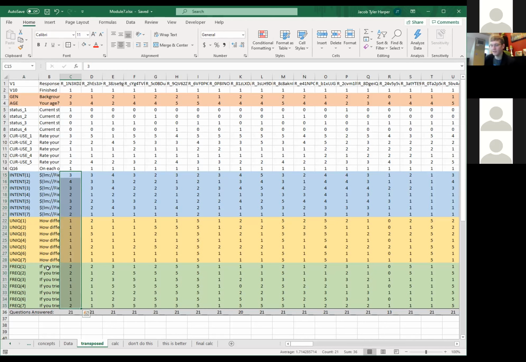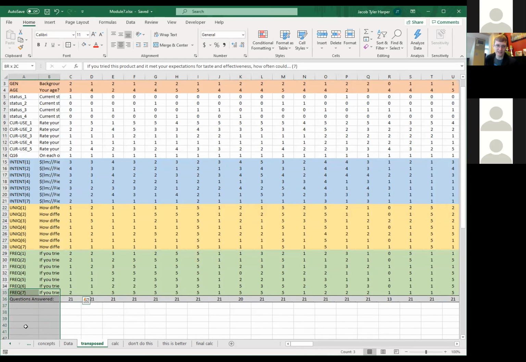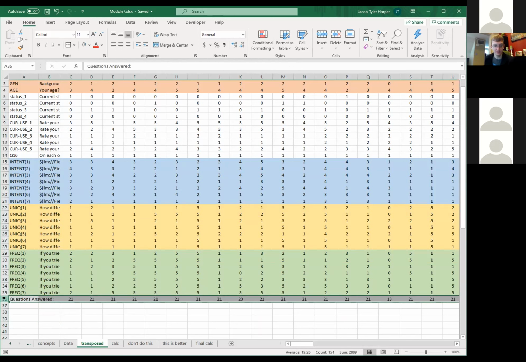Think about that, and if you can't figure it out, I'll help you. Then that function goes here. Once you have that one function for this one person, you're going to drag it right to get the rest of the people. Then going back to your table, once you have this built, this will be your range, and you're going to make sure that there's a 21 here. Like this person in column K only answered 20, so they're going to get excluded.